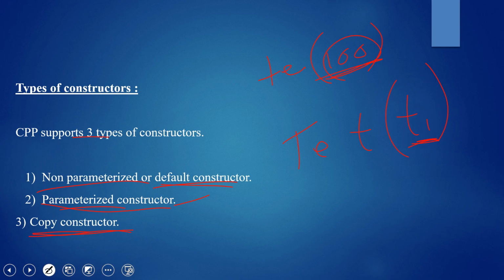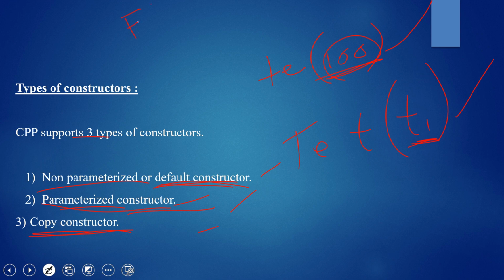If we are not passing any values, then it is a default constructor. If you are passing values, then that is a parameterized constructor. If you are passing an object, then it is a copy constructor. If we write all these three in a single class, that is nothing but constructor overloading. We already saw function overloading. What is that?